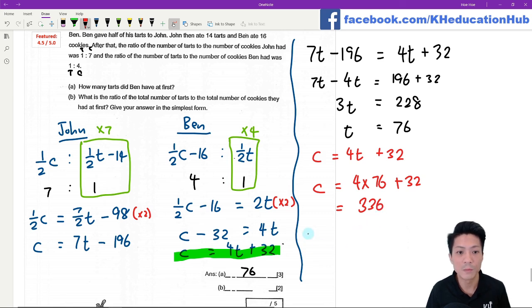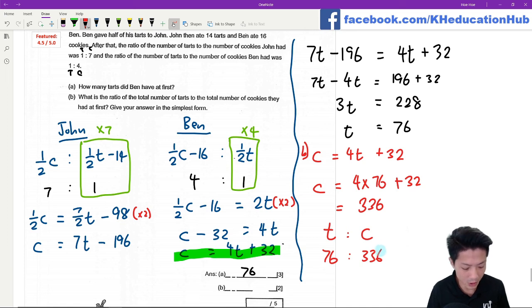Which is equal to 336, which means that for part B, the ratio of the total number of tarts to the total number of cookies will be 76 is to 336.